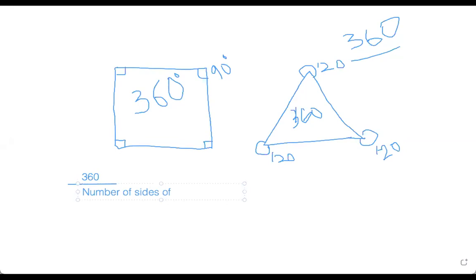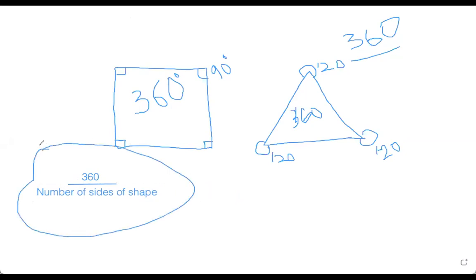Polygon looks so heavy, so I'll say the number of sides of the shape you want to come up with. So this is the formula which we are going to be referring to. This is equal to the number of degrees to turn.